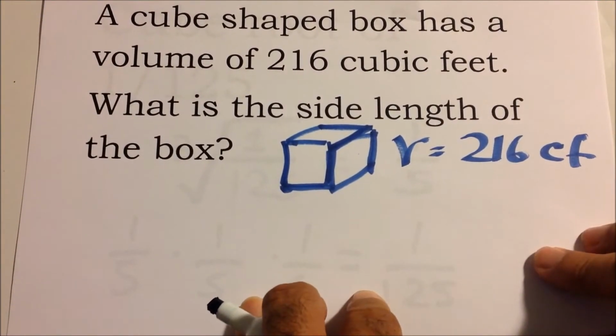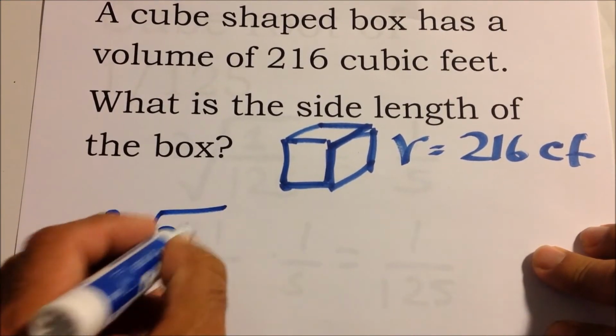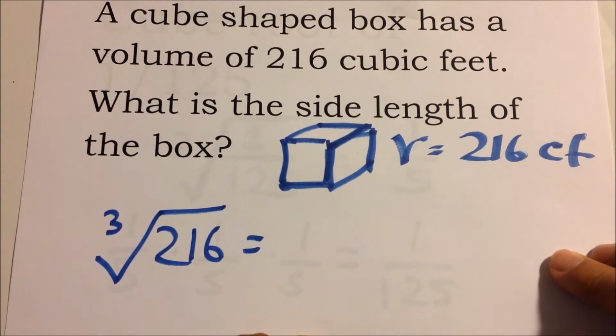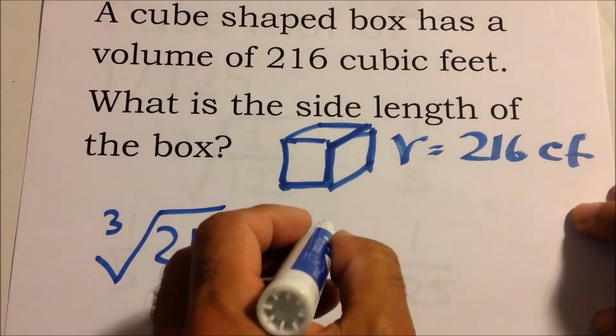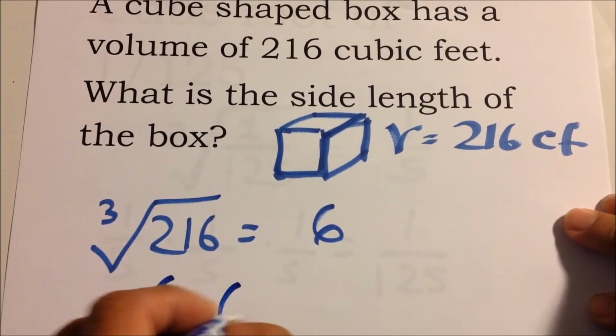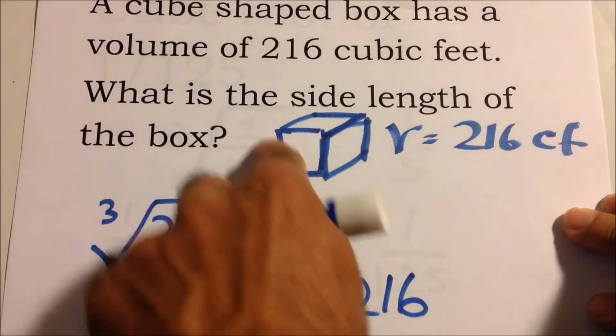Right? So what do we do? Well, we just get the cube root of 216. There's our answer. We'll know the length of each side. So what do you think it is? Okay, well, it'll be 6. Each side will be 6, because we know that 6 times 6 times 6 equals 216. So each length will be 6.